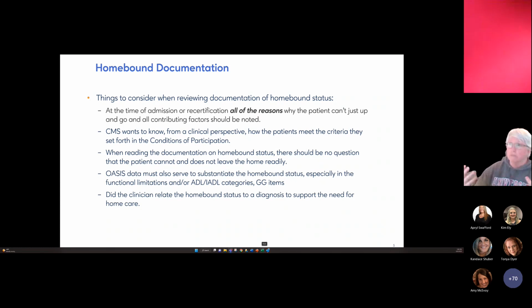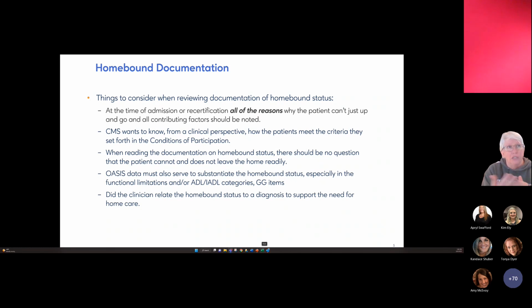So we want to look at the time of admission or restart: are all the reasons why the patient can't just up and go, and all the contributing factors, noted, right? Is everything being checked off and explained? CMS wants to see from that clinical perspective how the patients meet that criteria. So if you checked off a box, what are you saying about the patient, why you checked off that box?